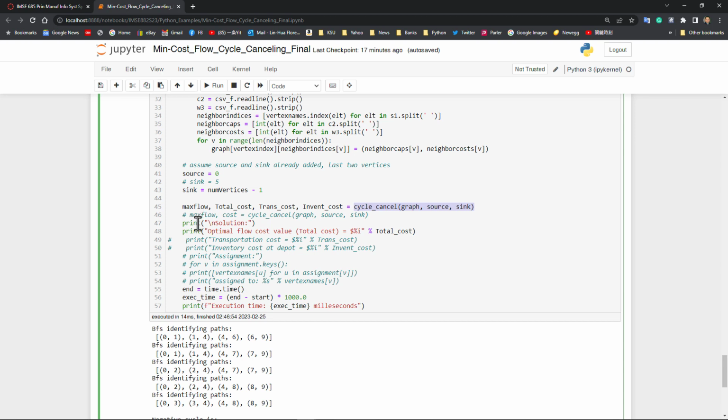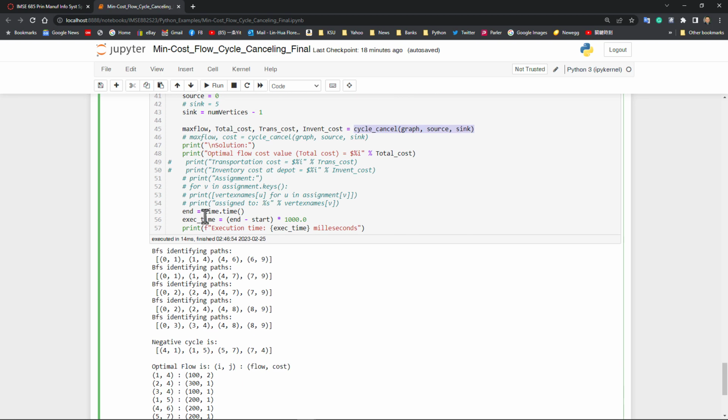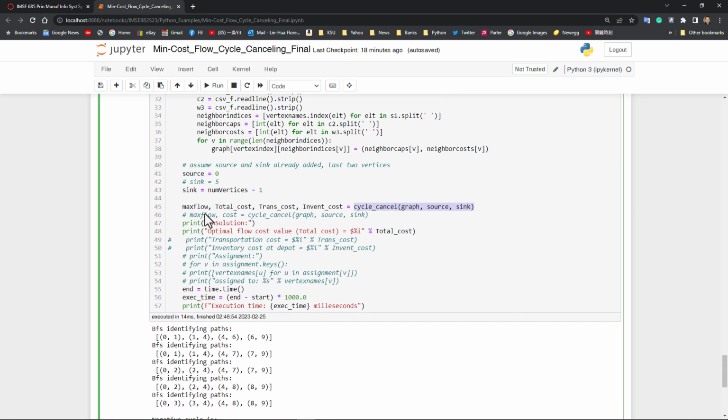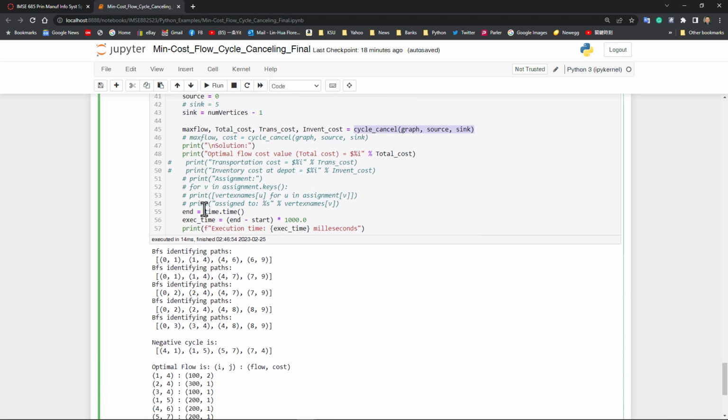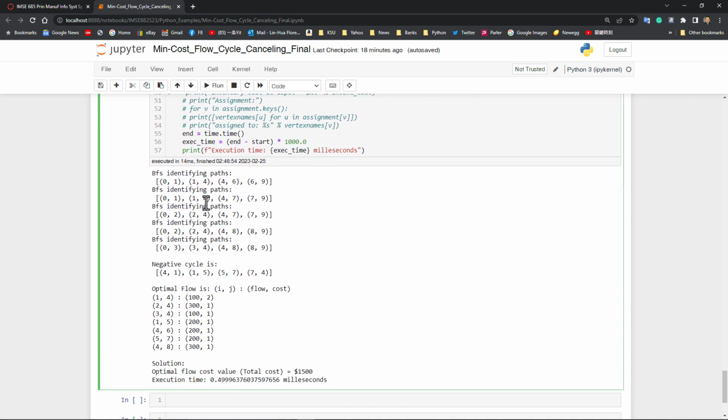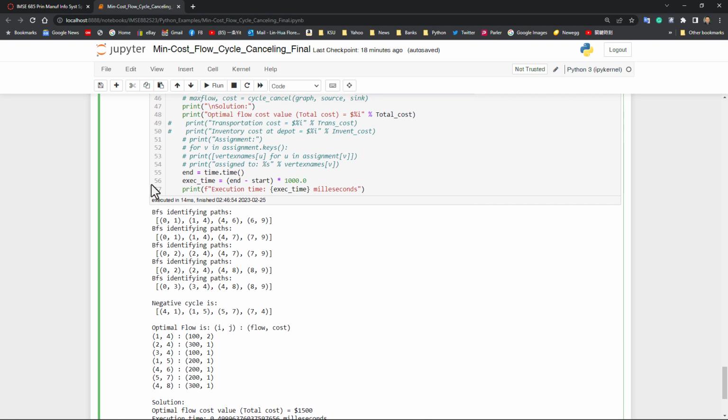So we start printing the solution, and you see the solution right here. First, we're trying to find the so-called maximum flow from the source node, which is node 0, to the destination node.